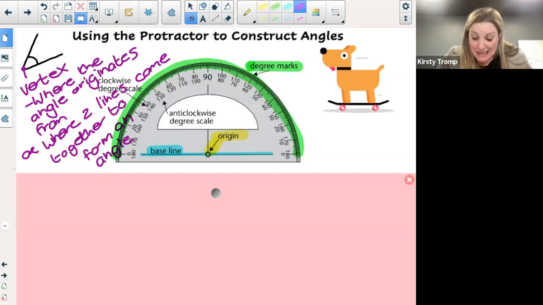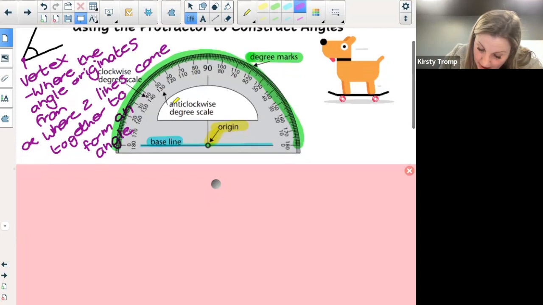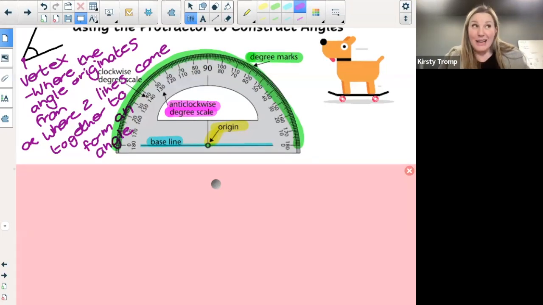On the inside of your protractor, we say that our markings go in what we call an anti-clockwise degree scale. So they go anti-clockwise.